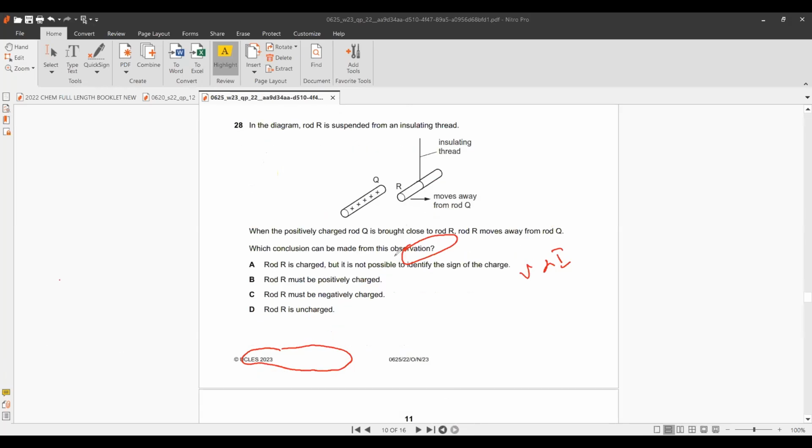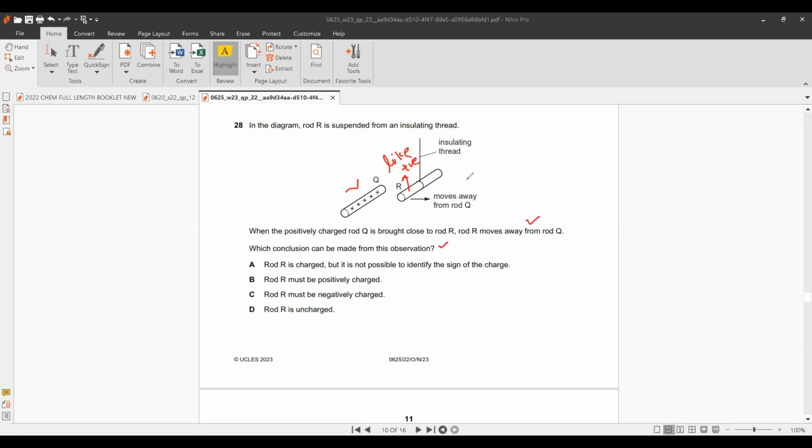Moving on to the next one, without even reading the question, we could clearly see that R is moving away from Q, which means R would have the like charge, which is positive charge in this particular case. So we'll look for the options. Let's read. When the positively charged rod is brought near, rod R moves away from Q. Which conclusion can be made from this observation?